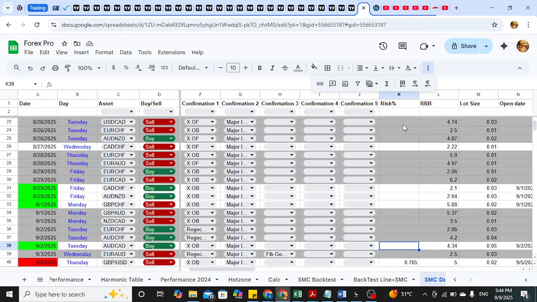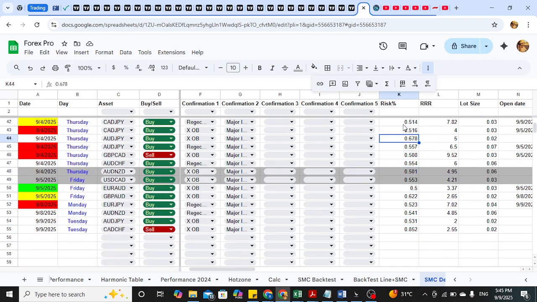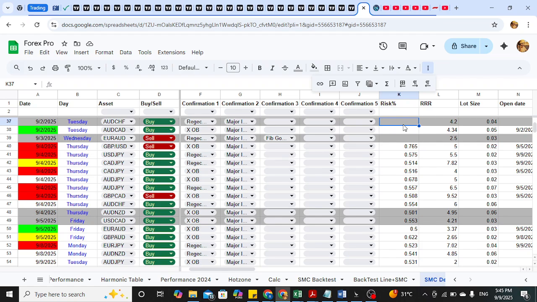Let's look. This is the RRR. This is when I started. See, this 0.5% is out of calculation. It's not because I left it. No, this is out of calculation. These are the numbers.